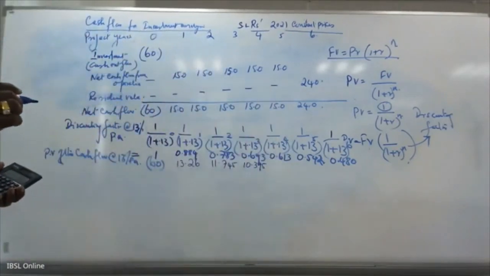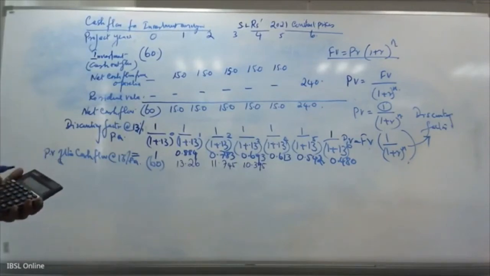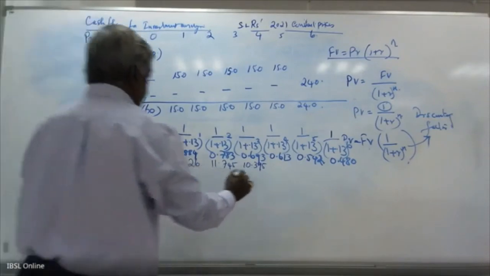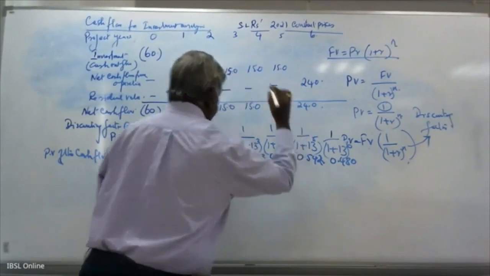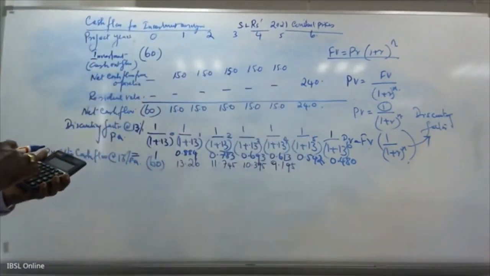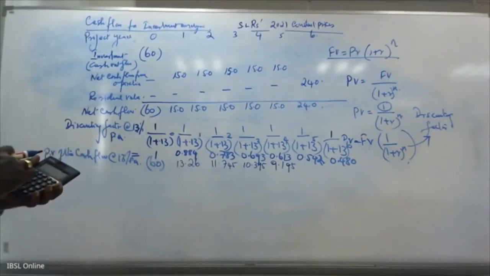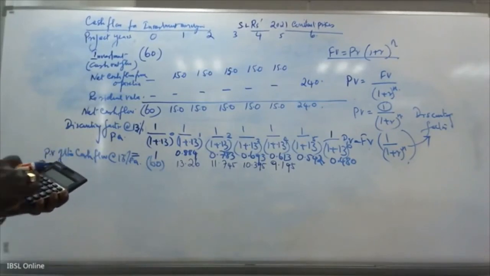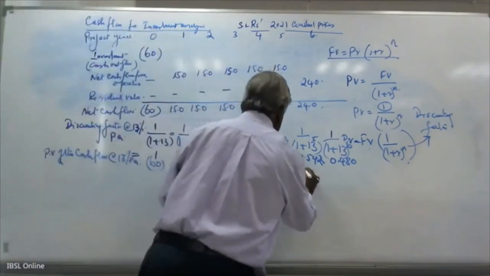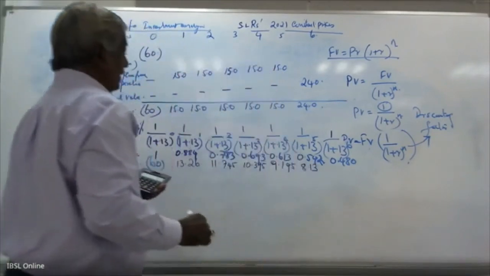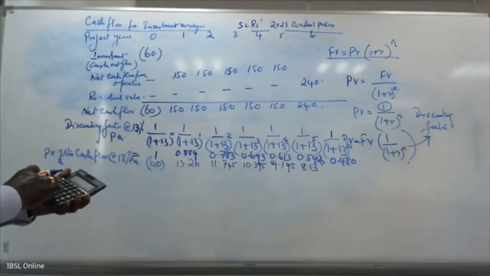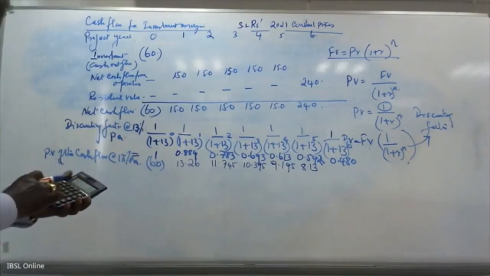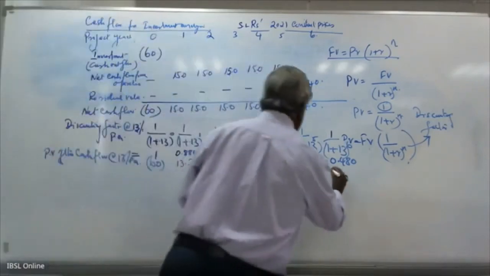Again 15 million multiplied by 0.613, 9.195. Again 15 million multiplied by 0.542, 8.13. Now finally 24 million multiplied by 0.480, 11.52.